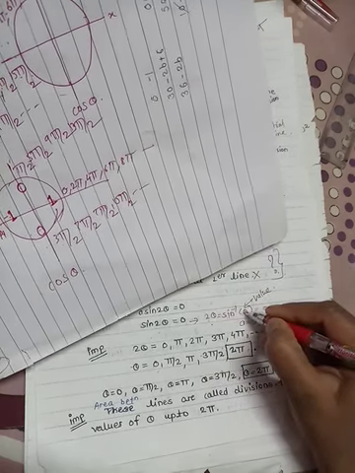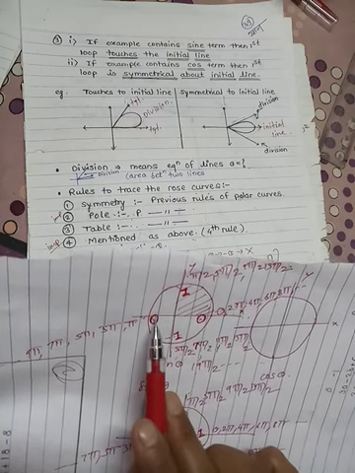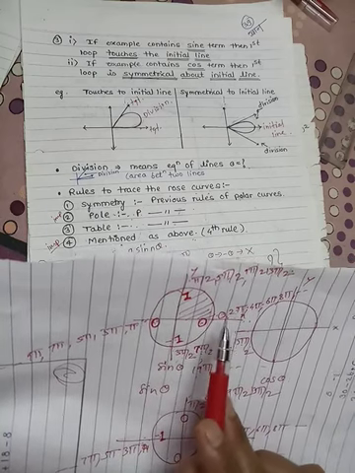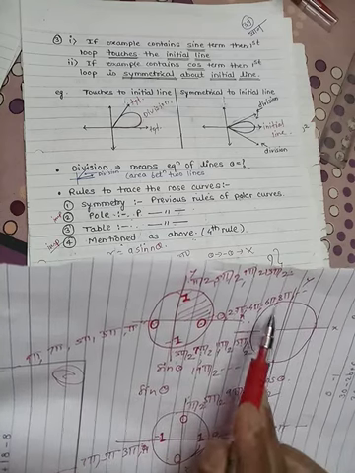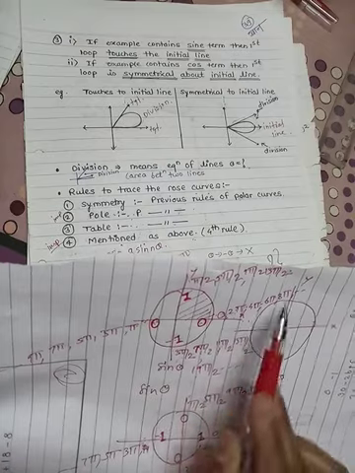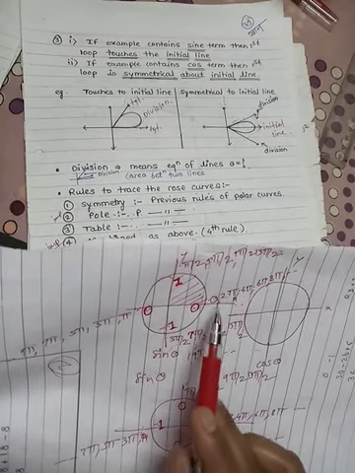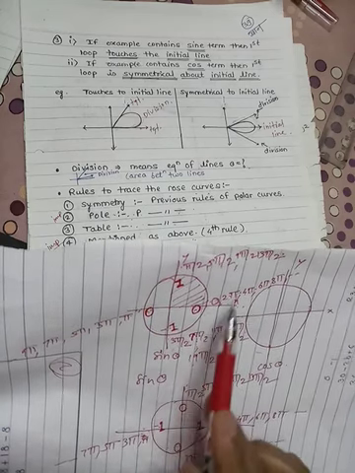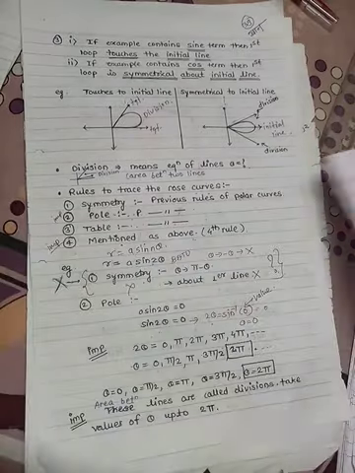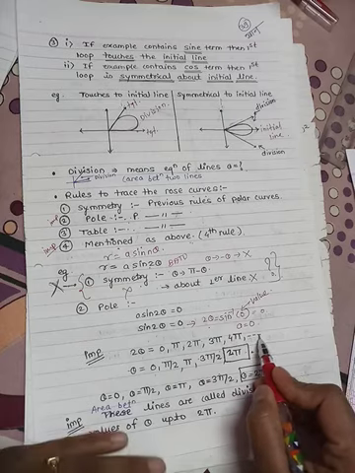So for which angle is the sine value 0? The sine value is 0 here also and here also, so we have to take all the angles: 0, pi, 2 pi, 3 pi, 4 pi, 5 pi, 6 pi, 7 pi, 8 pi, 9 pi, etc. We have to take all of them, because the 0 value is for this angle also and for this angle also, for sine.